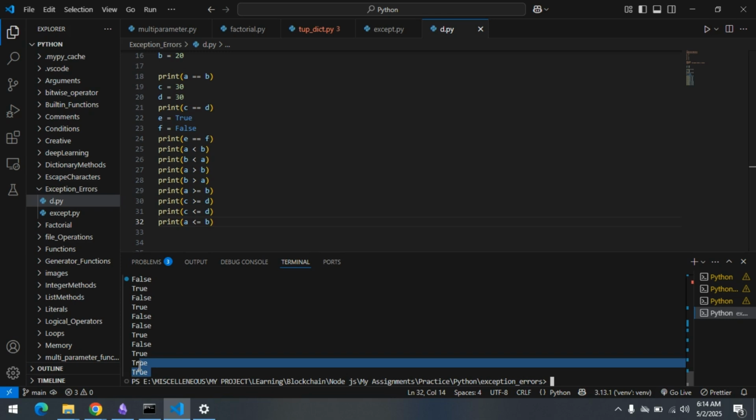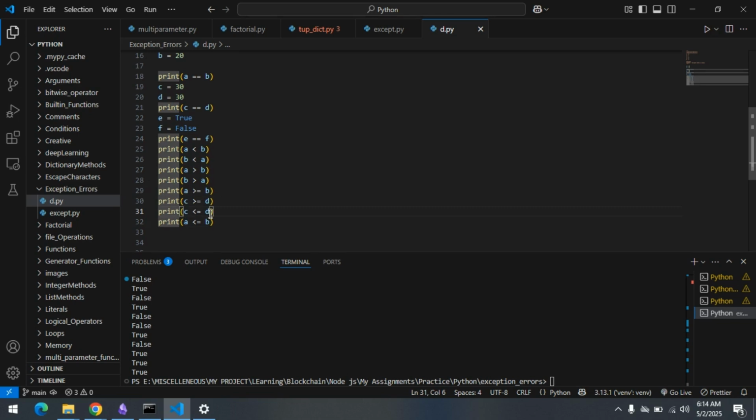So it returns a true for this one, and C and D are equal, so it still returns a true. So regardless of the symbol, this print statement also returns true because they're both equal.